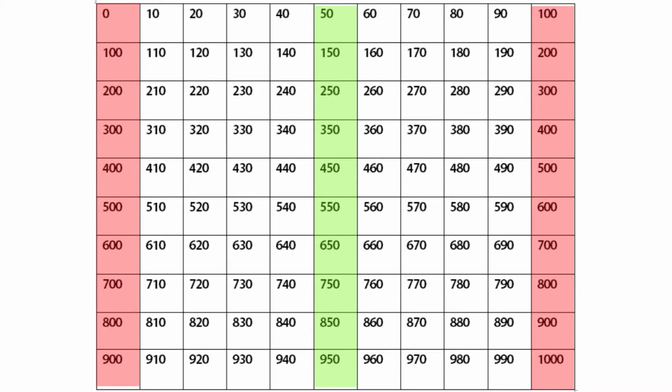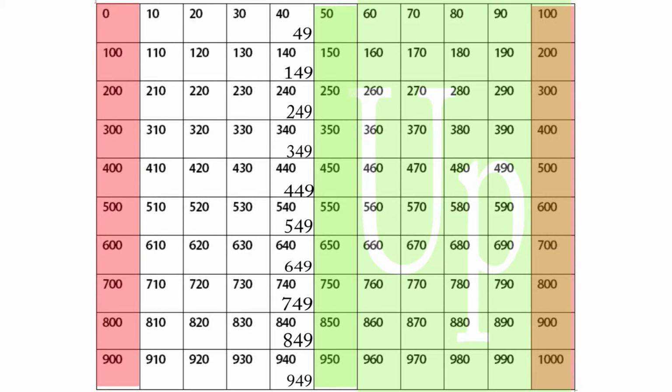When a number ends with 50, or has a 5 in the tens place and a 0 in the ones place, that means that it is directly between two multiples of 100. It is the halfway point. If a number is at that halfway point or larger, it rounds up to the larger multiple of 100.